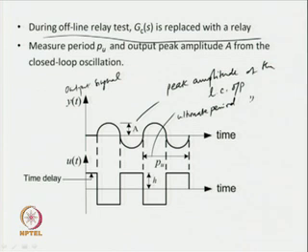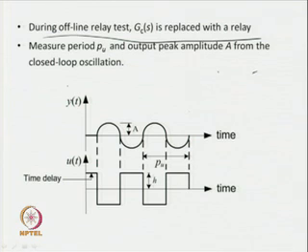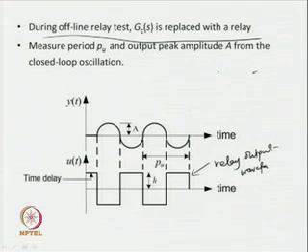The upper waveform gives us a typical limit cycle output waveform for the relay control system, whereas the waveform shown below it is a typical relay output waveform, of the same period as the limit cycle output.